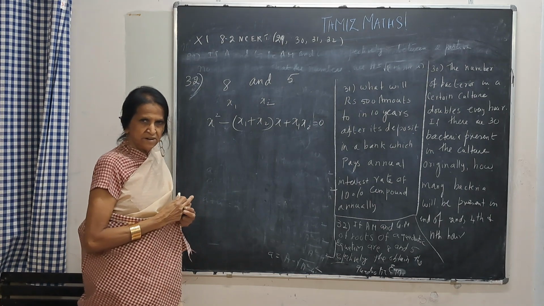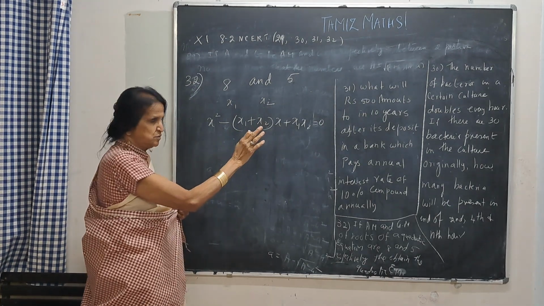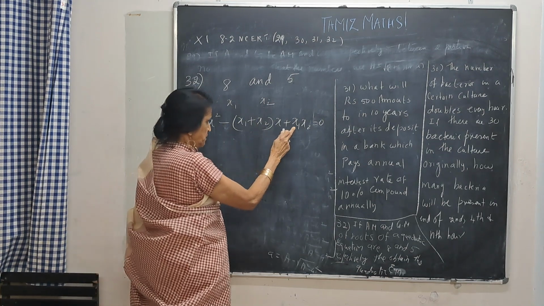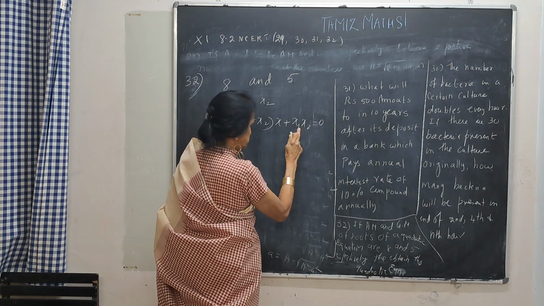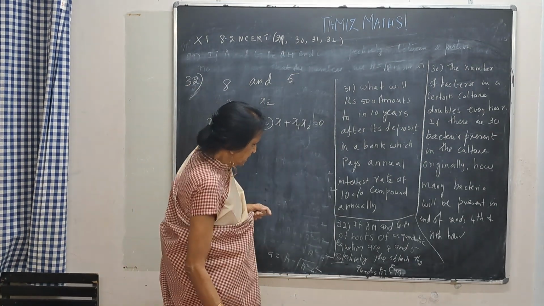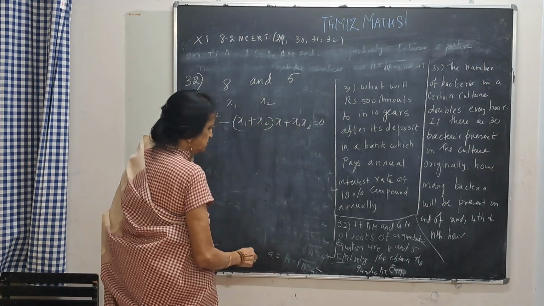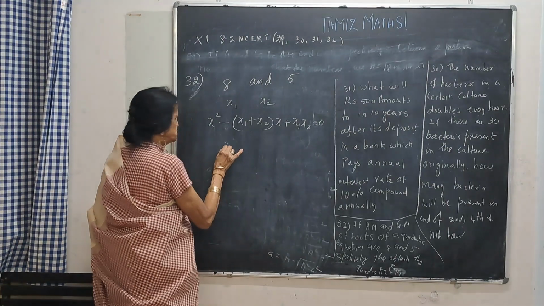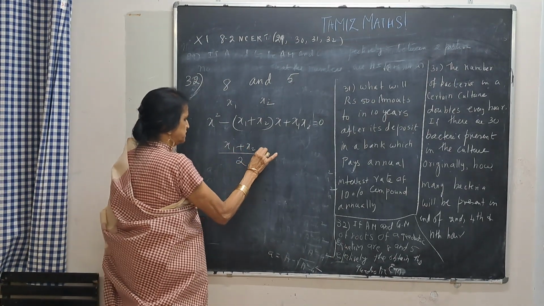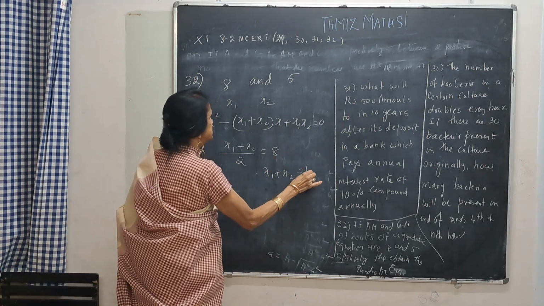This is a part of quadratics. The arithmetic mean of the roots of the quadratic is 8. So (x1 plus x2) by 2 is equal to 8, so x1 plus x2 is equal to 16.